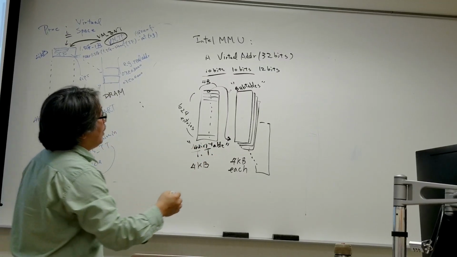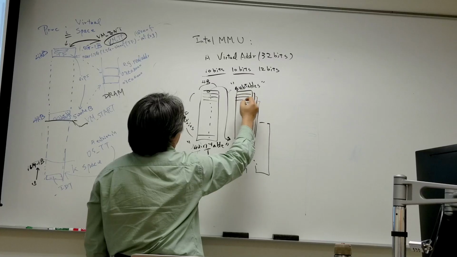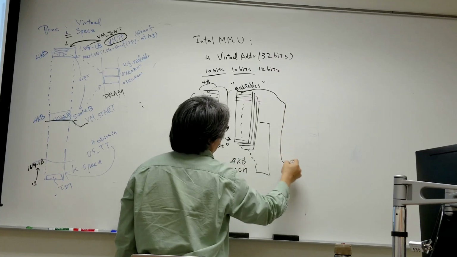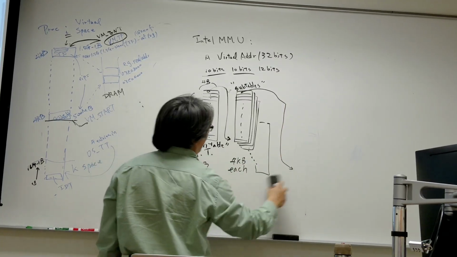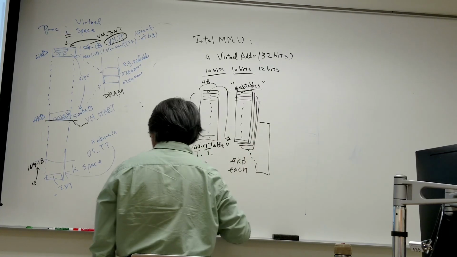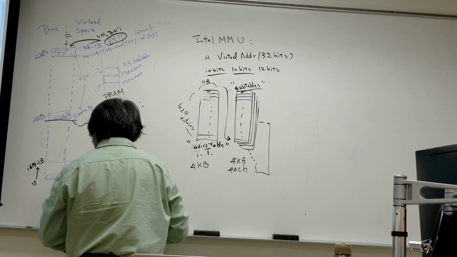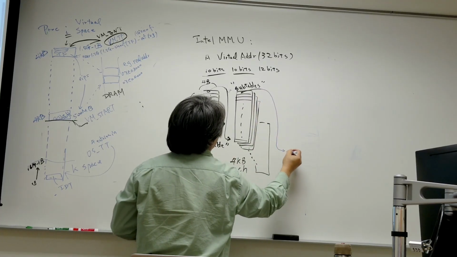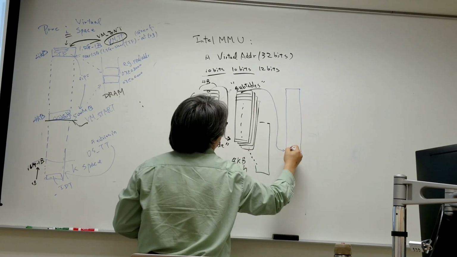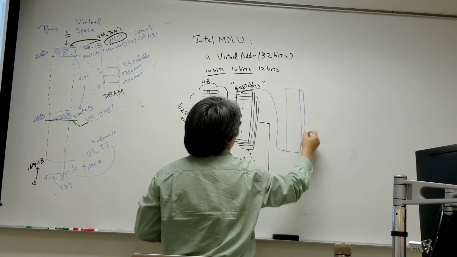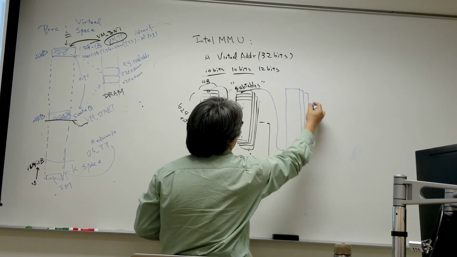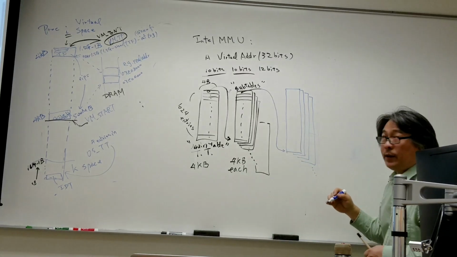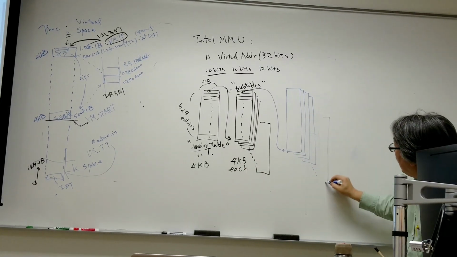The subtable has the same construct, same meaning. Every entry has a real address to a 4K byte page. I just use blue for 4K byte pages. So each subtable can point to 1024 different 4K byte pages, meaning bearing the real byte address of the starting byte of the 4K byte area.